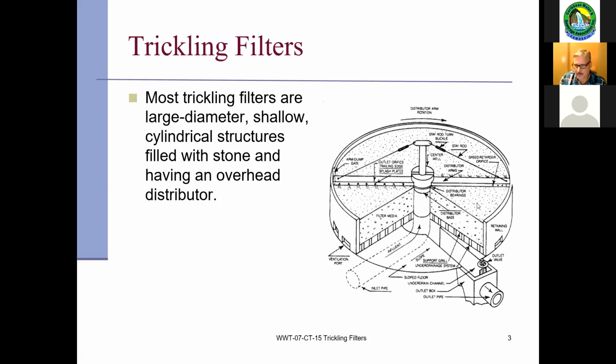You have biogrowth on this media, which is living off what's in the wastewater. Air is picked up from this water as it goes from the arm and drops onto the media. Under drain system is supporting that media and allowing for airflow. So basically the under drain system is not letting this media pack on the ground, and it's letting air flow through the whole system. And then the outlet, as the flow moves down, it just drains out the bottom of the tank through an outlet system.